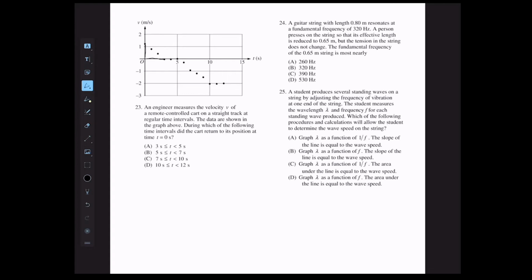So first it goes like there, and I think it'll finish about here. It's about 4 dots up, so I'd say this is between 7 and 10.